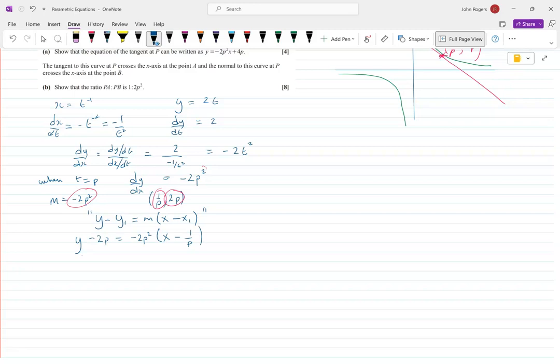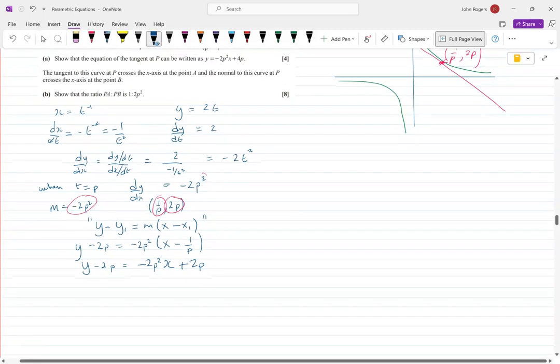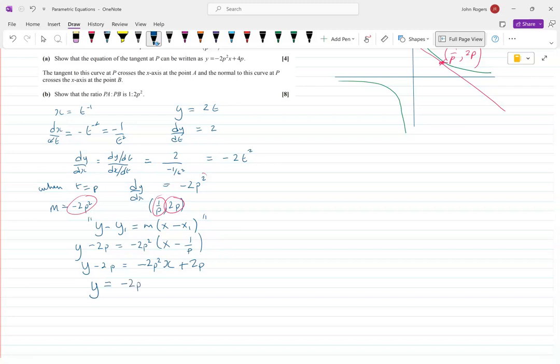Okay, so if I multiply that out, I get y minus 2p is equal to minus 2p squared x, and if I multiply those two out, I get plus 2p, and then we get the required result from there. So that is our part A.